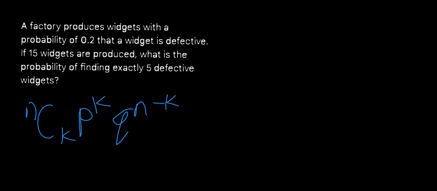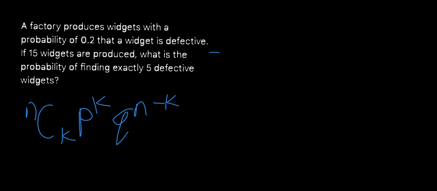If 15 widgets are produced, what is the probability of finding exactly 5 defective widgets? Well, we can simply deal with this using our binomial formula, and we know it to be n choose k, p to the power of k, q to the power of n minus k.